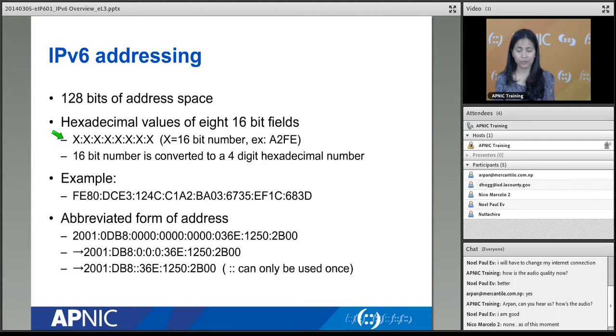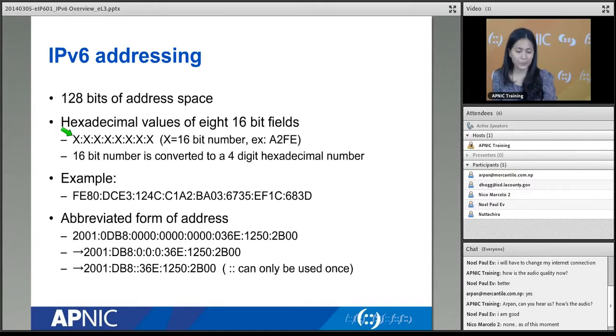It's quite easy, however, it is long. So it's very hard for us to remember IPv6 addresses compared to IPv4. You can try, but it's very difficult to remember, especially a very long or complete IPv6 address.